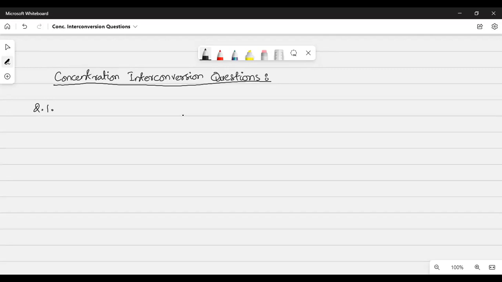Okay. So question number 1, 10 grams per decimeter cube.